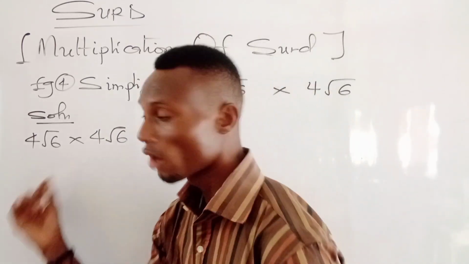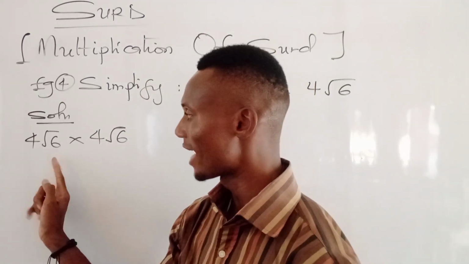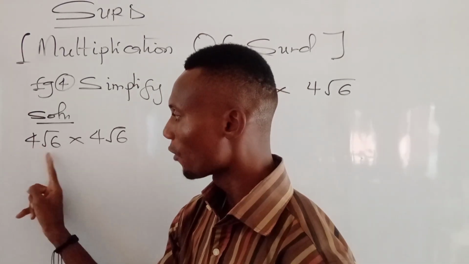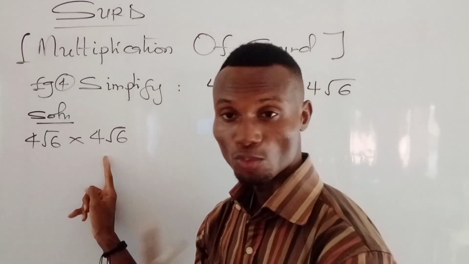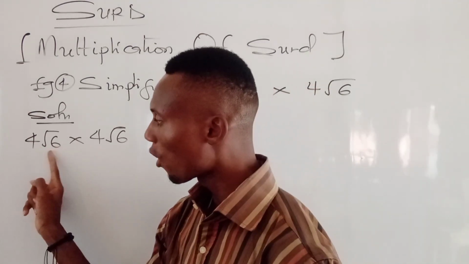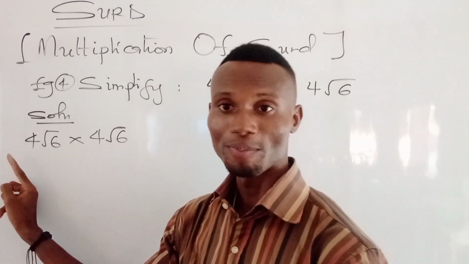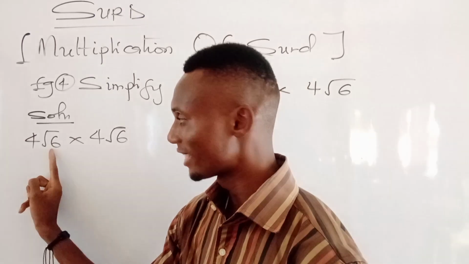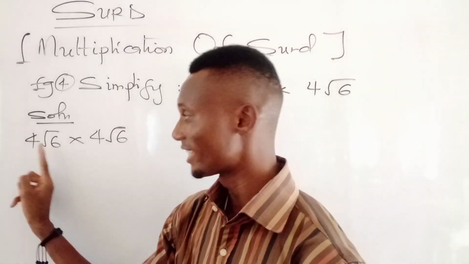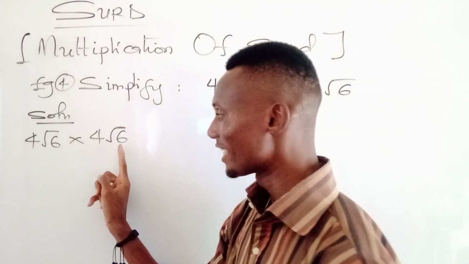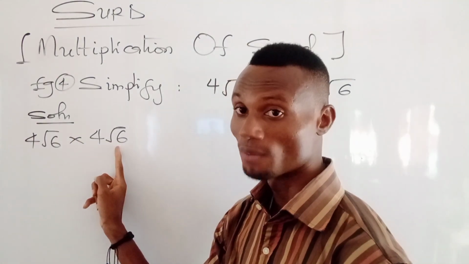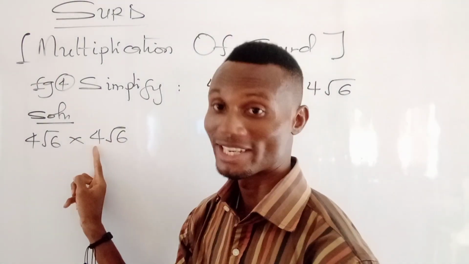Now look at the question. We have 4 root 6 times 4 root 6. Now the coefficient of this root 6 is 4. Let me repeat it one more time. The root 6 that we have here, its coefficient is the 4 which is here. And this root 6 that we have here as well, its coefficient is the 4 which is here.